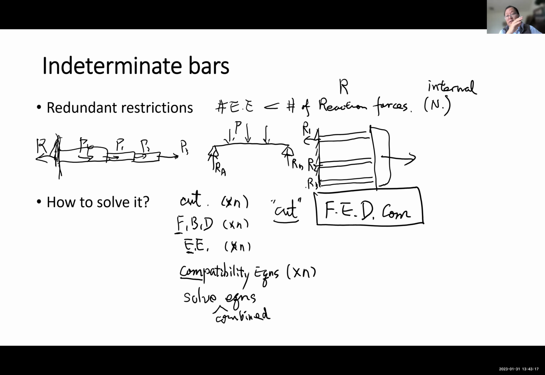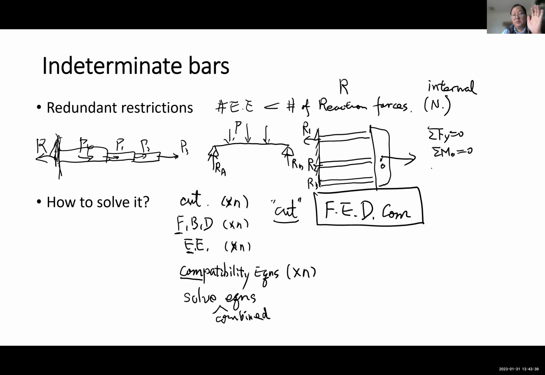And the equations you can write are only 2 equations, right? So you have sigma Fy equals 0. Right? And sigma M about a point, let's say this point O, equals 0. But you have 3 unknowns.